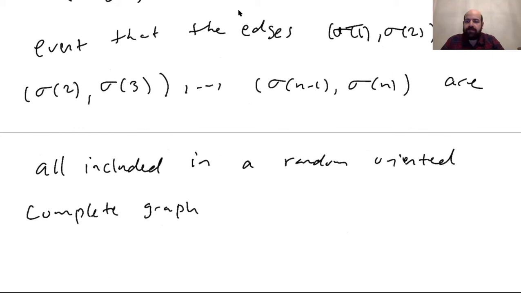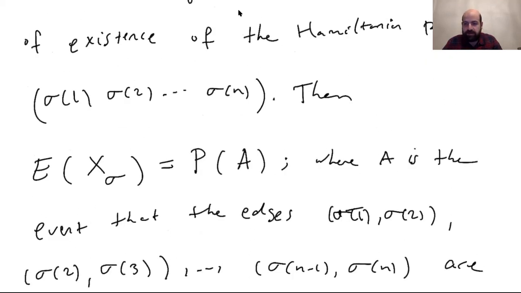My event here is the desired possibility. What is my desired possibility here? It is that all these edges are included in my randomly chosen oriented complete graph, because in that case I can say that the Hamiltonian path corresponding to this permutation exists in my tournament.